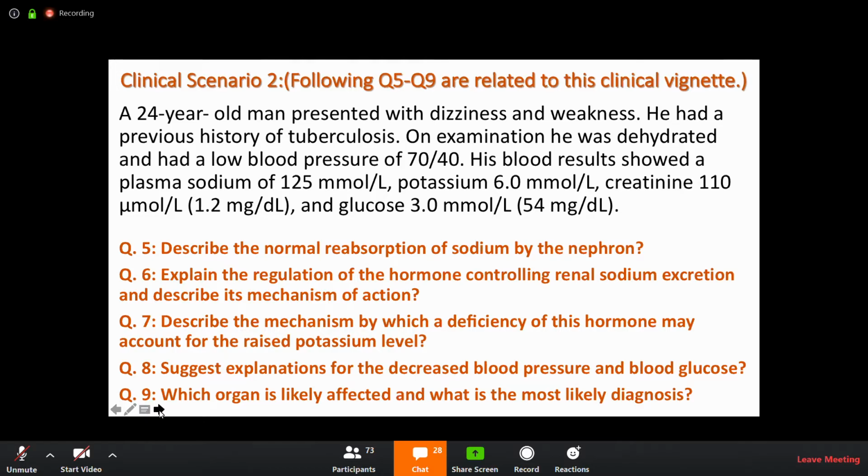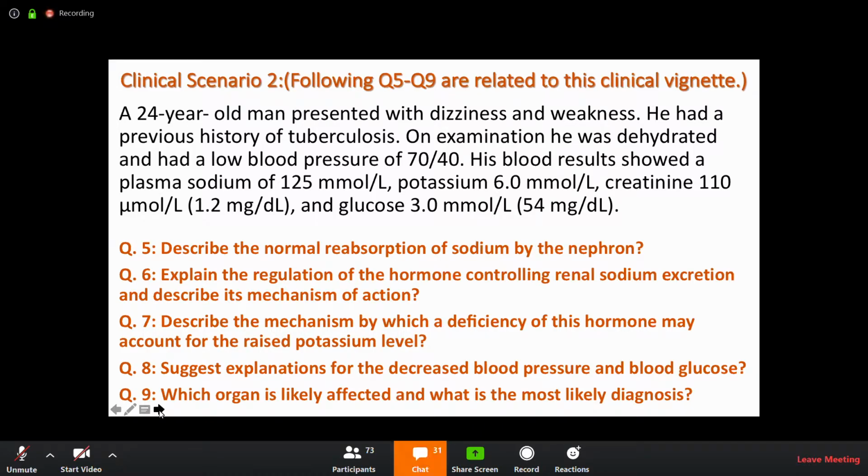So let's think about this. Dr. Abdullah said that aldosterone's principal function is to regulate sodium reabsorption. So if you have a low sodium reabsorption, then obviously your sodium level is going to be low. You only got 125 millimoles per liter.